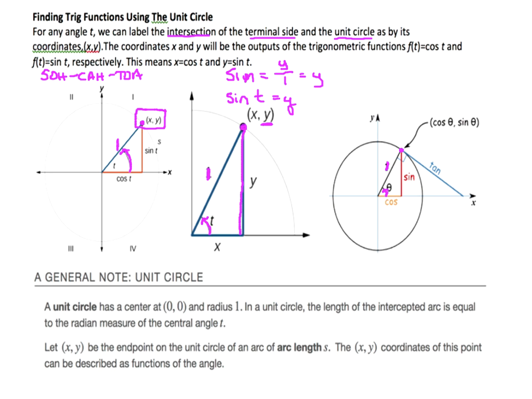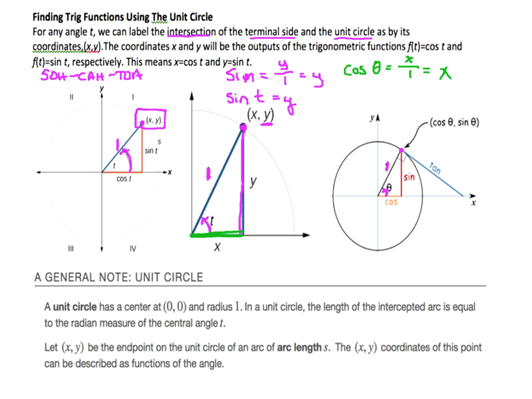And our cosine, let me get a different color here. Remember, cosine of theta is equal to the adjacent over the hypotenuse. Well, our x side, or however far horizontally we move out before we go up to that point on the unit circle, is our adjacent over our hypotenuse.